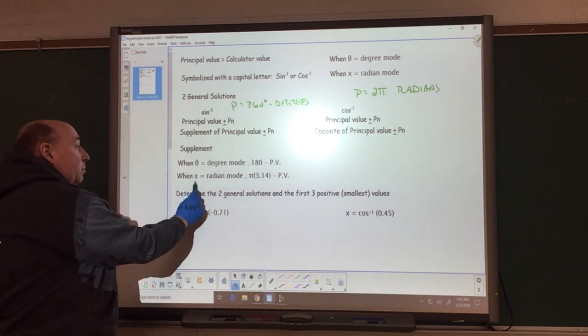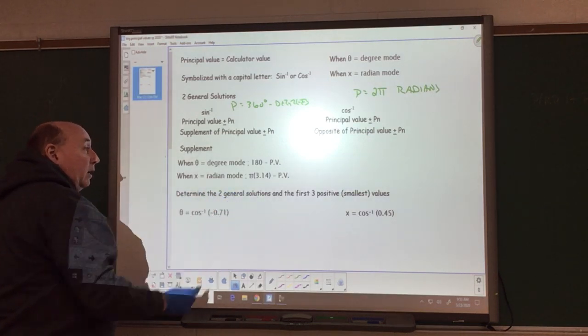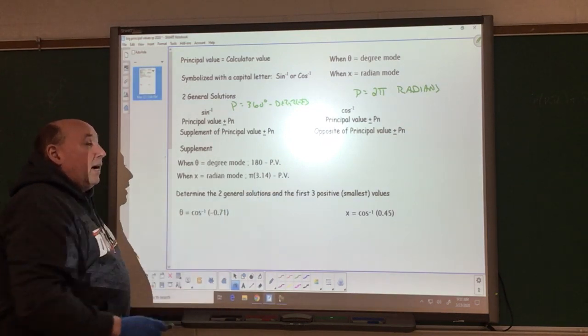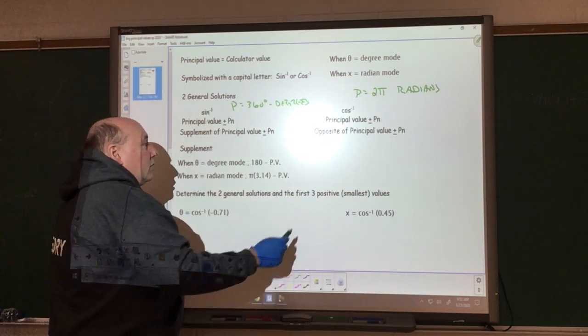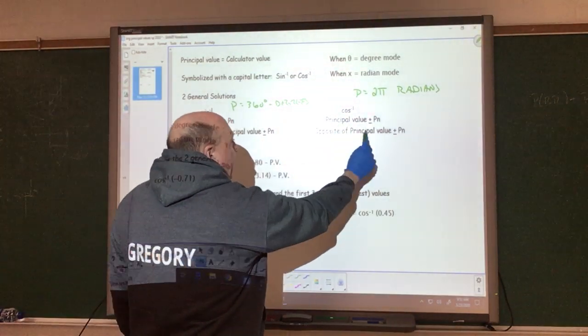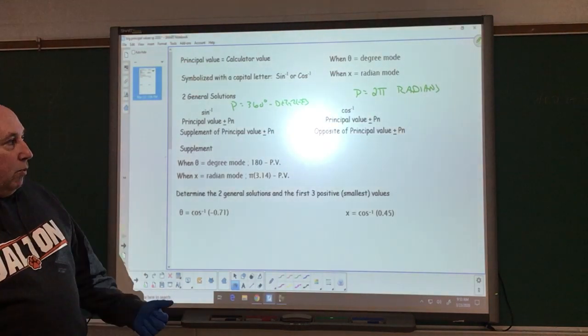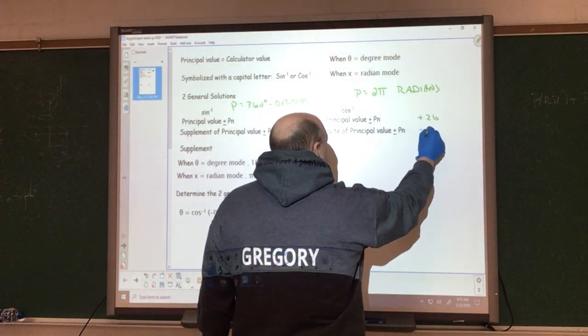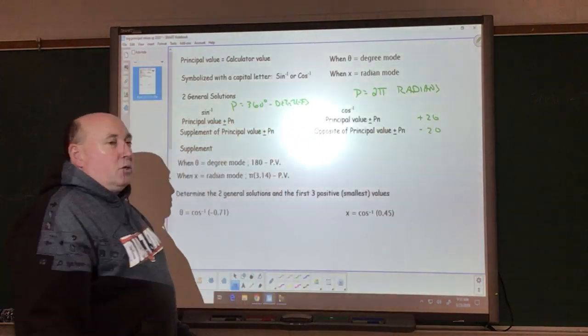If I'm in x, I take pi, which we can approximate as 3.14, and subtract off the principal value. For the inverse cosine, it's a little bit easier. We just have the principal value plus or minus the period n, and then the opposite, which means if this is positive 20 degrees, this would be negative 20 degrees, plus or minus the period n.